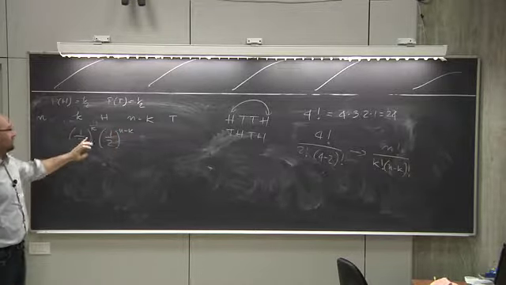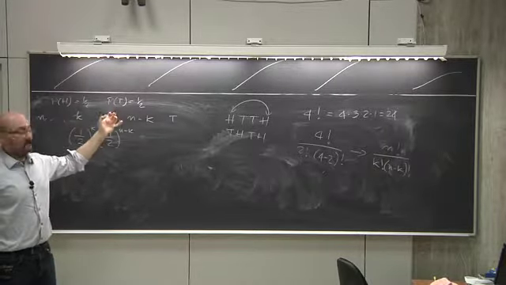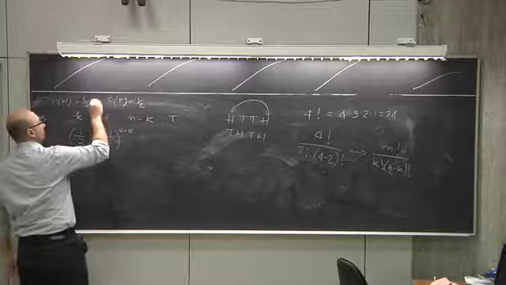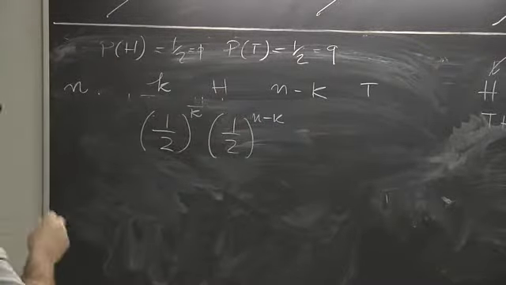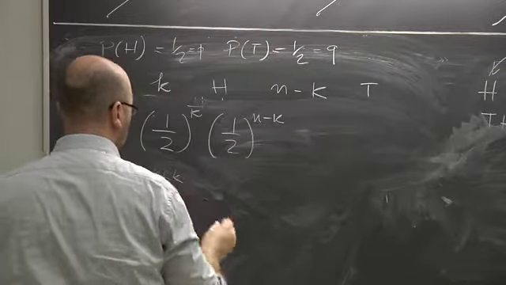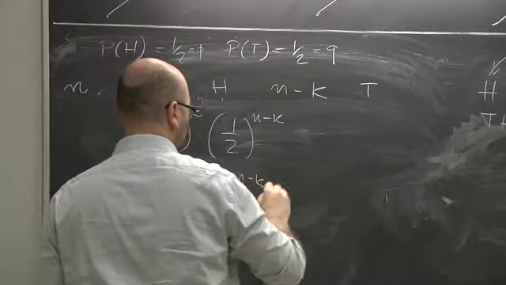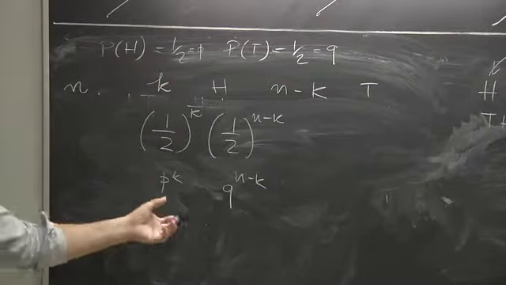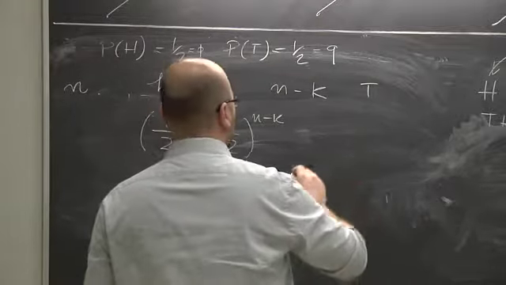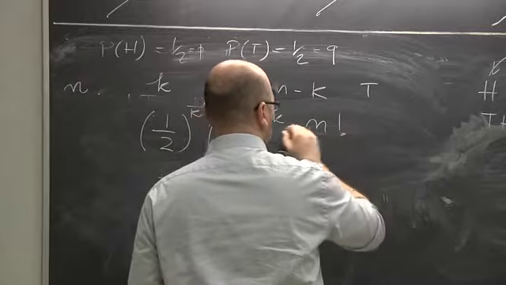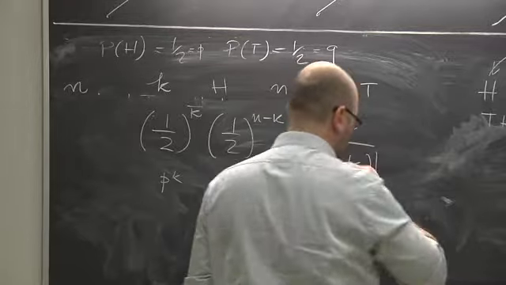I'm writing 1/2 to the k and 1/2 to the n minus k because if the coin is not fair, and this is small p and that is small q, then here I have to write p to the k, q to the n minus k, which is not p to the n or q to the n. And so the number of configurations, let's get back, is n factorial divided by k factorial times n minus k factorial.